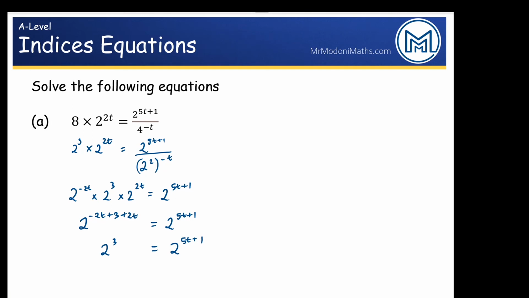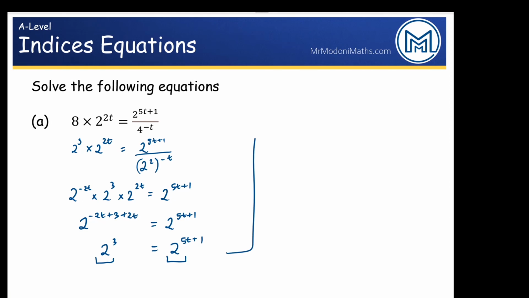Now, since the left-hand side and the right-hand side are in the same format, i.e. a single base number to the power of something, and on the right-hand side we've got a single base number to the power of something, then we can establish that for the left-hand side and right-hand side, which are in equal forms, to be equal, the powers must also be equal to each other.